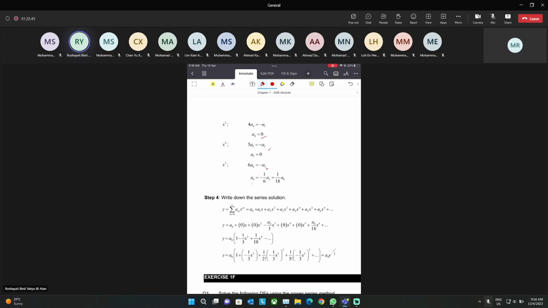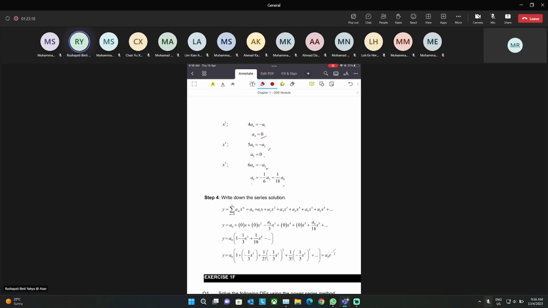Has anyone finished? Lim or Loh just now? Finish. You can finish until this equating coefficient. Lim, but I left one step, madam. Some mistakes. Oh, okay, alright.